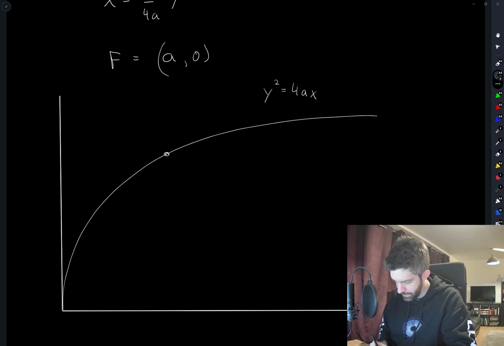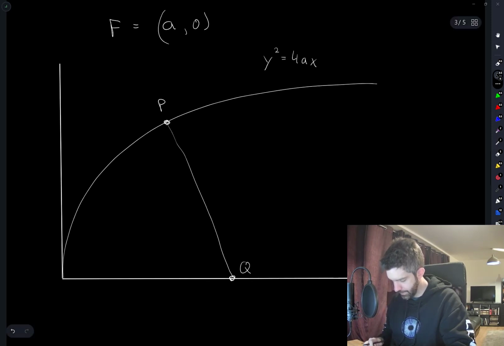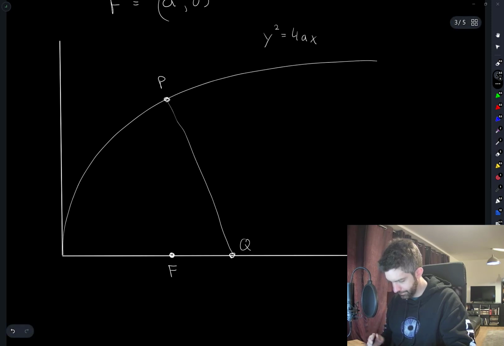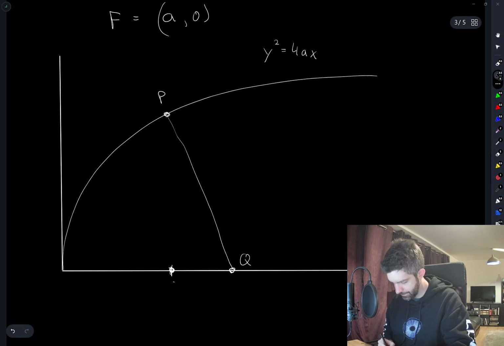Okay, so I've got my point P. The normal line to P intersects at Q. The focus is F. So this is at the point a.